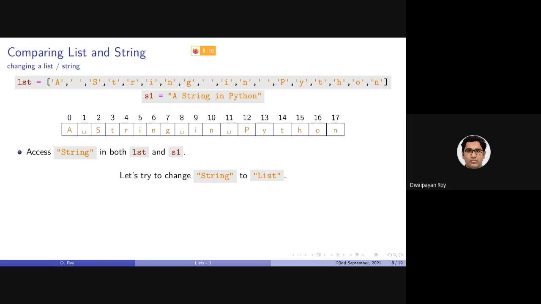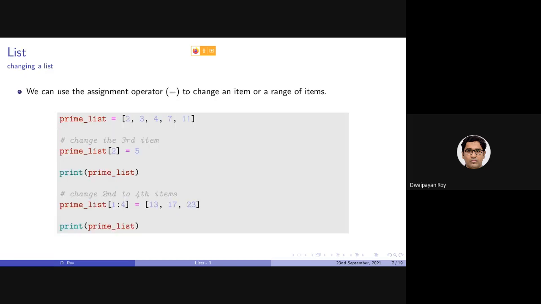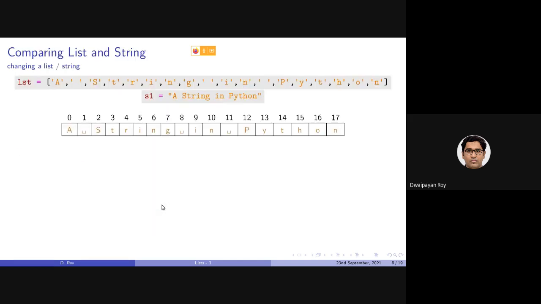Okay. Now we have already replaced or changed some items in a list using the slicing operator. Now let's try to do that here. Let's change this string to list. I want this statement, a string in Python, to be replaced into a list in Python.